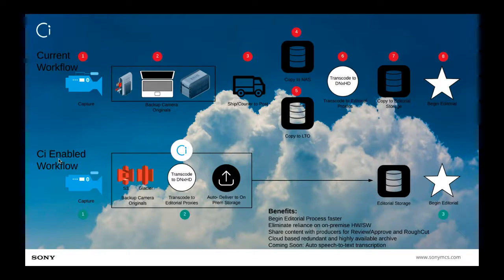Whether you're working with a proxy or converting that proxy to an editorial format you're going to work with and then relink with your high-res later on, you have all those options at your disposal now.